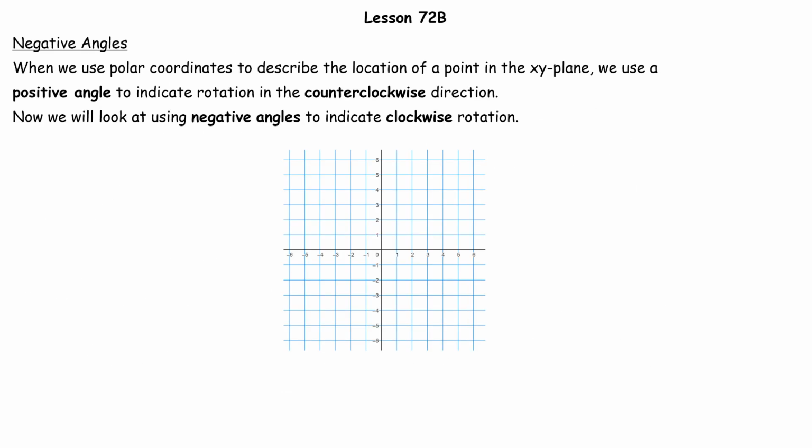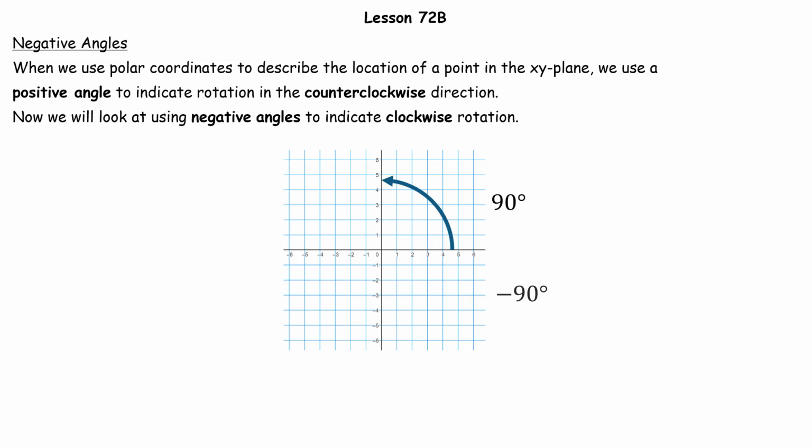Okay, lesson 72. We're going to talk about negative angles. When we use polar coordinates to describe the location of a point in the xy plane, we use a positive angle to indicate rotation in the counterclockwise direction. So if I was going to go 90 degrees, I would start at 0 and I would twist in the counterclockwise direction, 90 degrees.